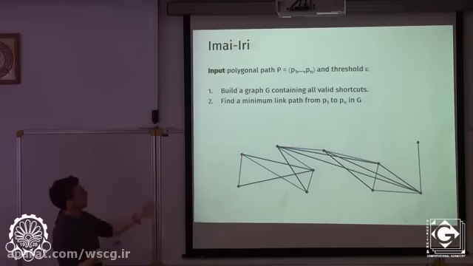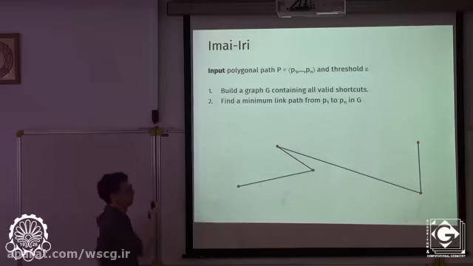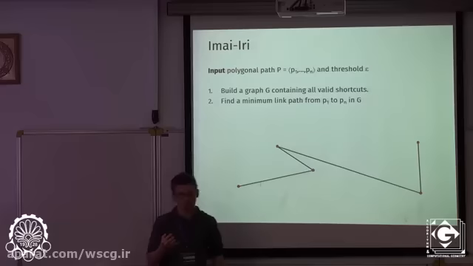And then if we have that graph, we can simply search for a min-link path from start to end. In this example that might be this here. And this is then our optimal simplification for the given epsilon.